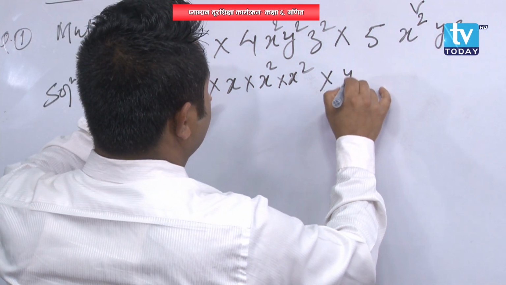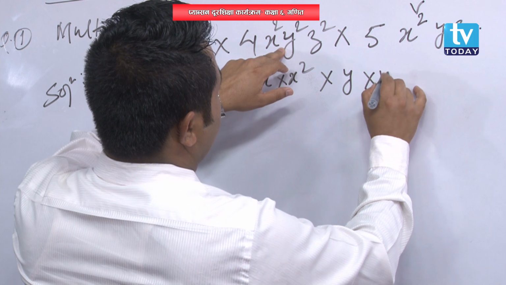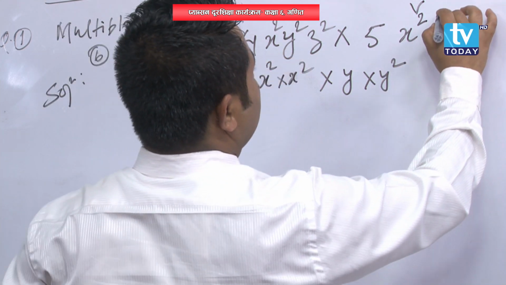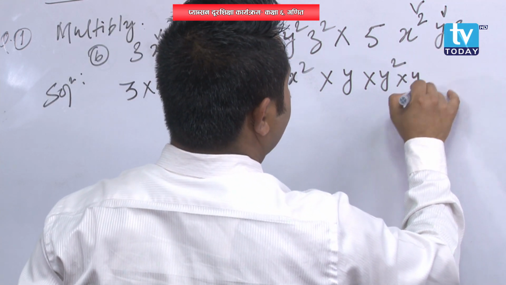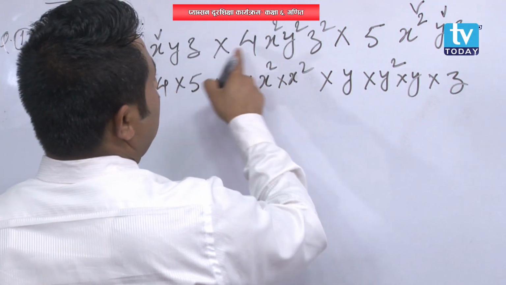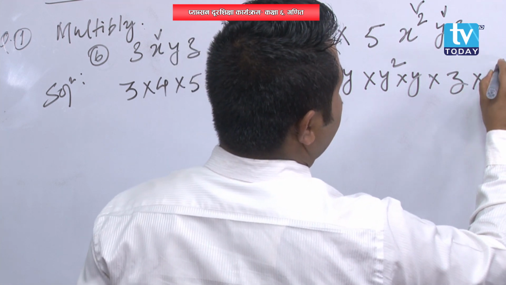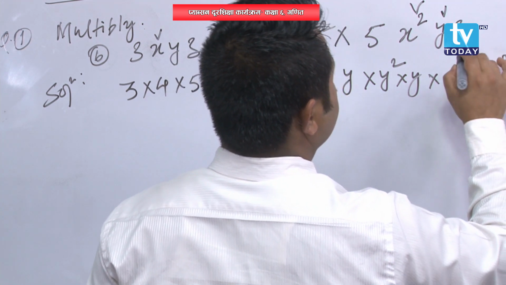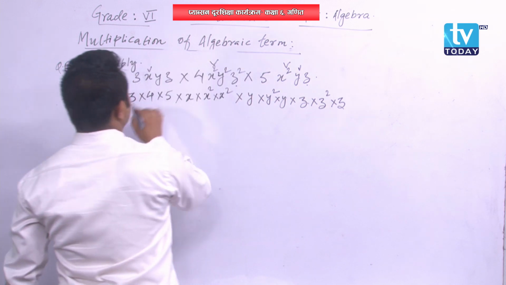Again we will write the y terms, y into y square into y, and let's write the z terms, z into z square into z.